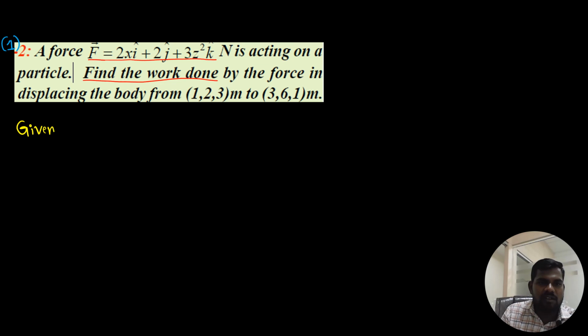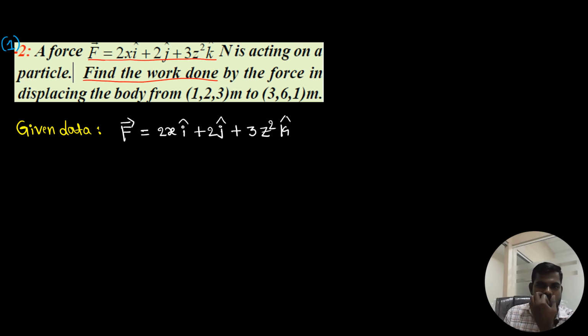Given data, once we can see here: F vector is equal to force vector is equal to 2x into i cap plus 2j cap plus 3z square k cap newtons is given.